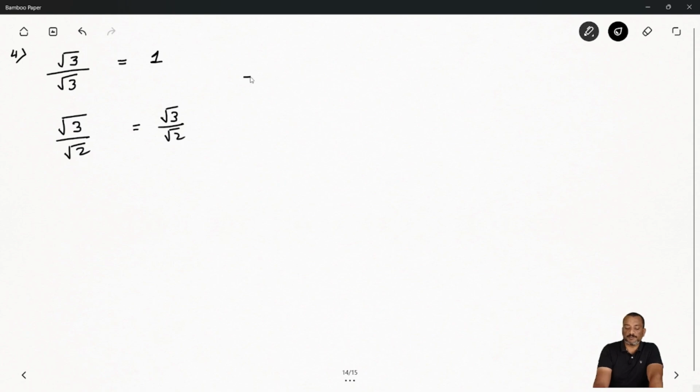So you can say the division of irrational numbers is irrational. Hope it's clear.